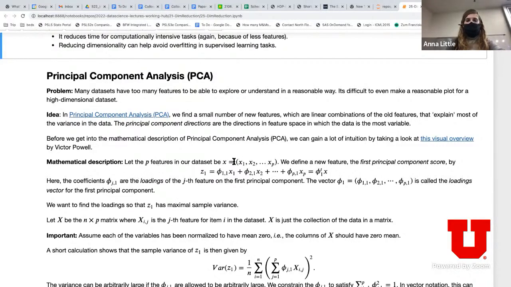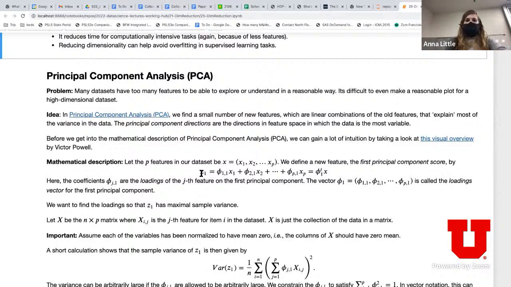Let's say that we have a data set with P features. So we have X, which is X1, X2 through XP, so we've got P dimensions to the data. And we want to define a new feature, which we'll call the first principal component score, as a linear combination of the original features. We haven't said yet what these weights, these phis, are, but they're going to be something.